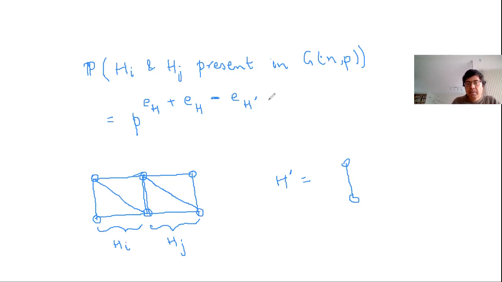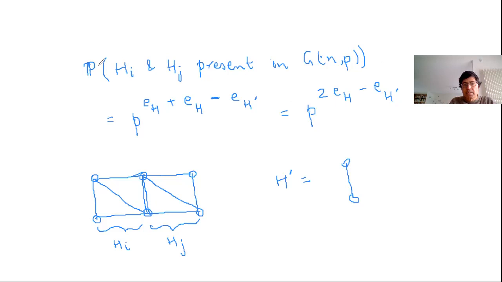So this is p to the 2EH minus EH prime. This is the probability that the two particular copies Hi and Hj are both present, and that depends on how big their intersection is. If the intersection was not an edge but was a triangle, then here we would be subtracting 3 rather than 1.